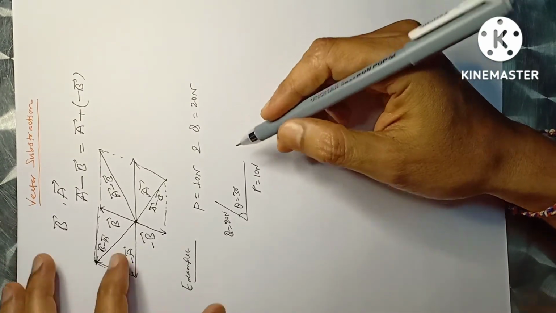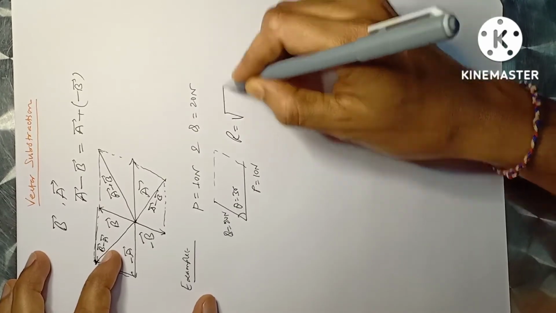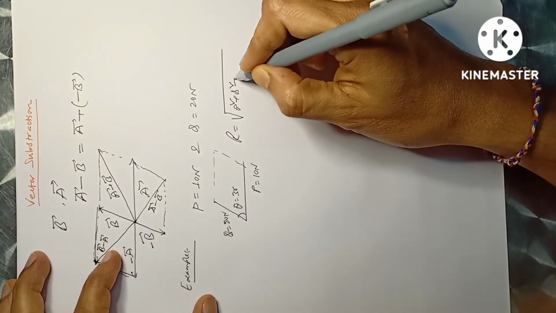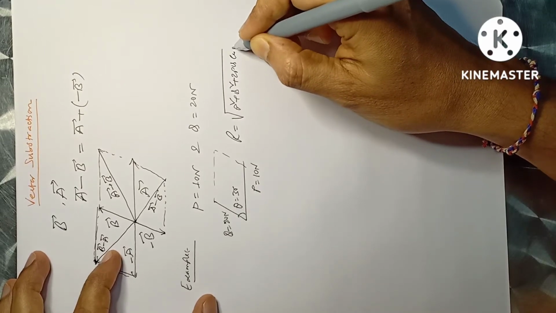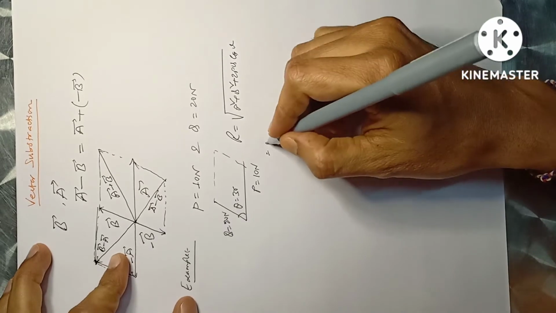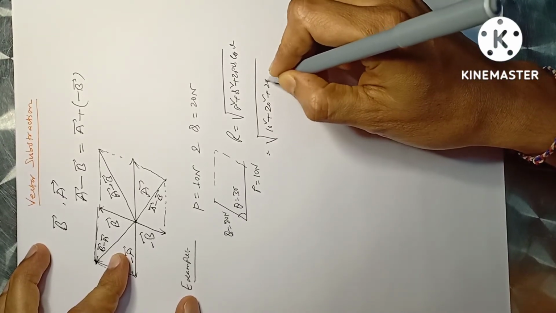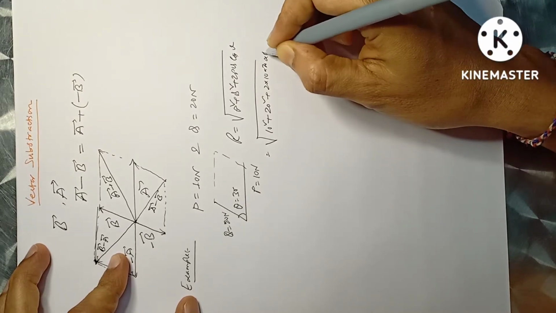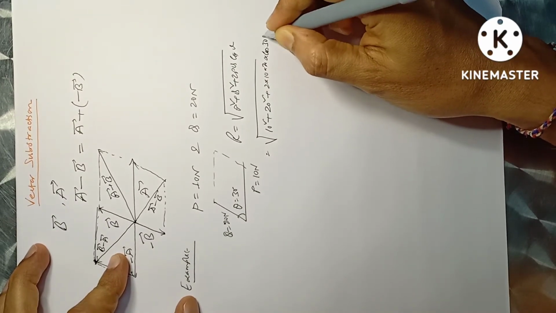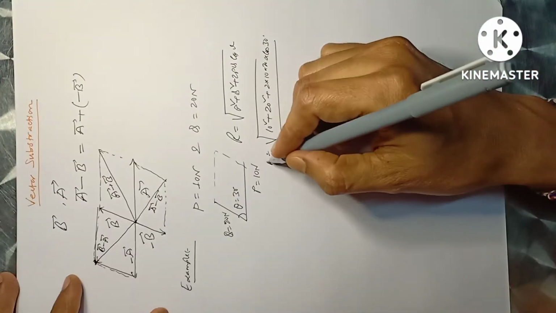To find their resultant vector, we directly apply R equals root of P square plus Q square plus 2PQ cos theta. Substituting the values, with cos 30 degrees, by calculating we get the value of R, the resultant vector.